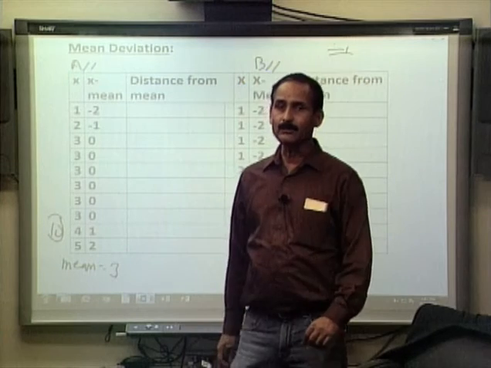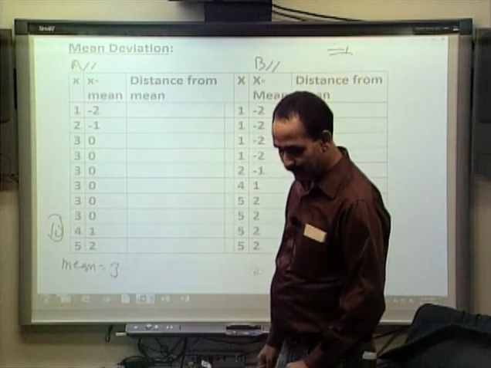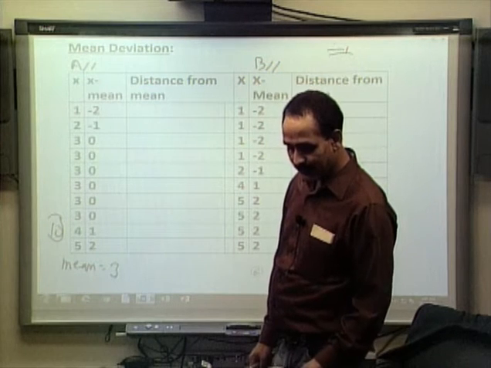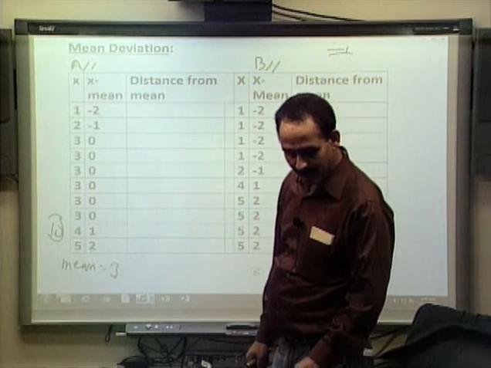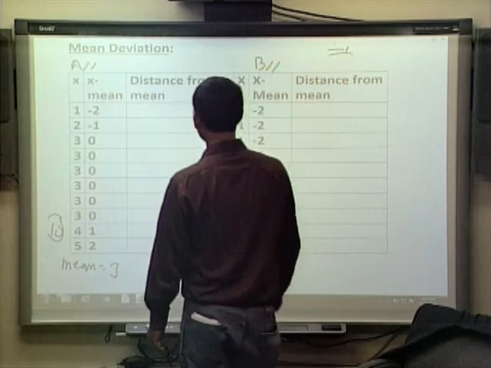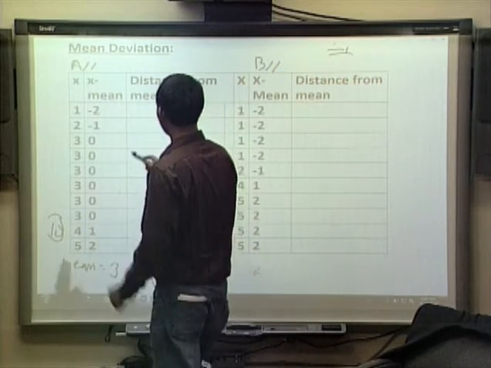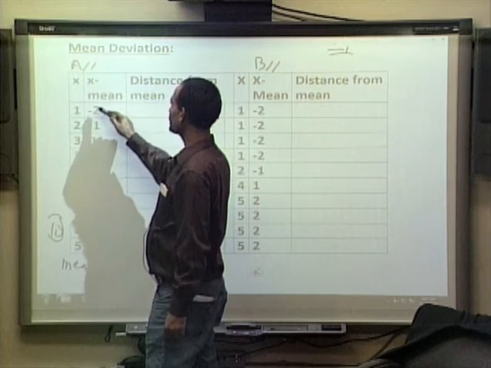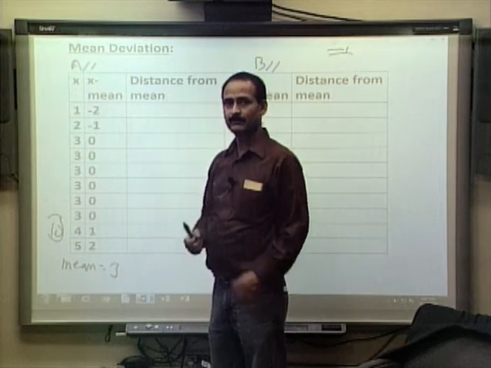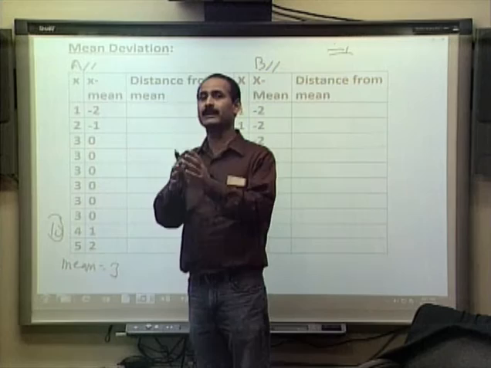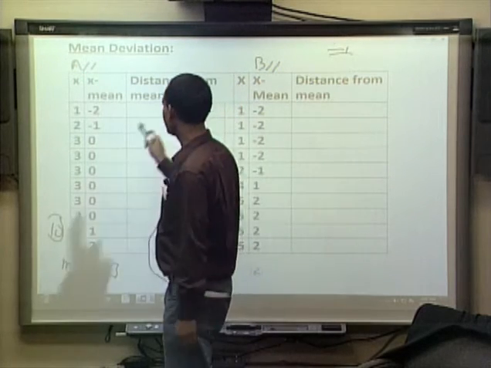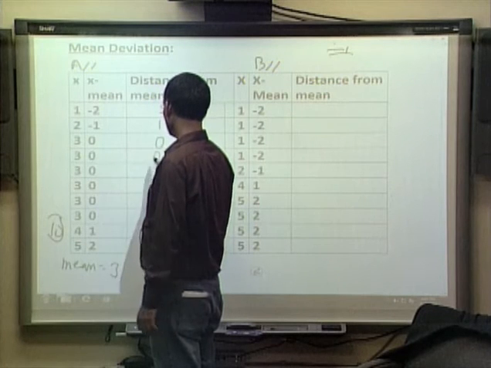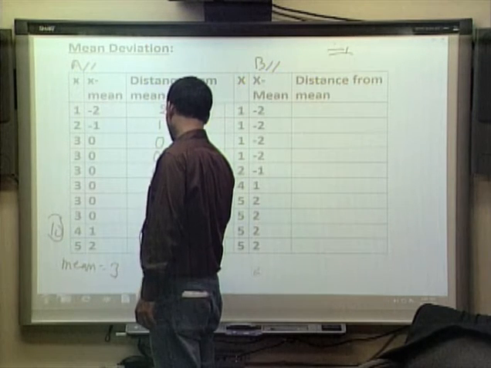After calculating the difference between each observation and the mean, we have to calculate the distance. Once we have these differences, we take the absolute value. We ignore the sign and just take the positive part of the number.